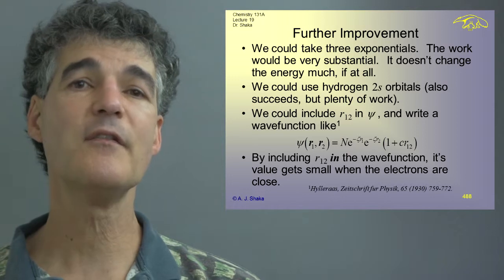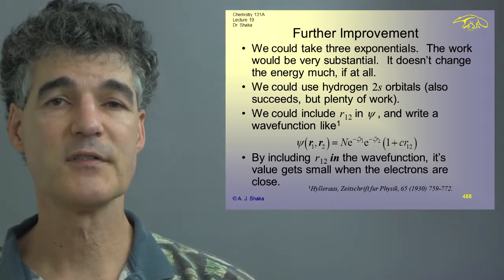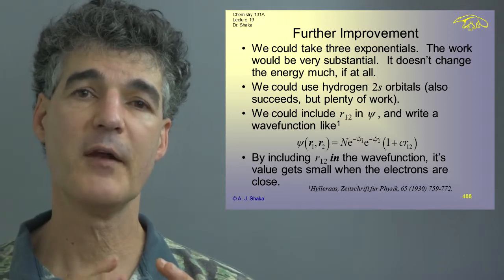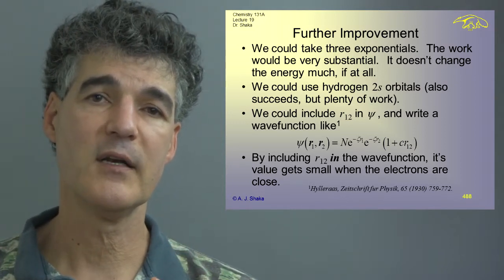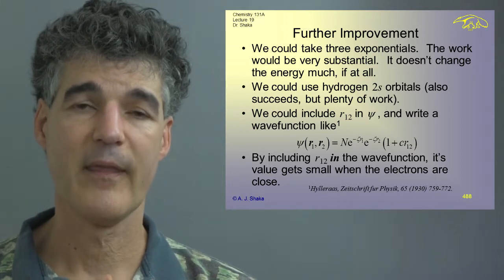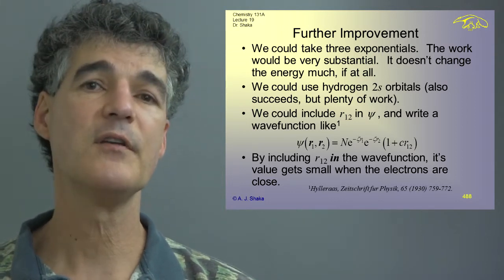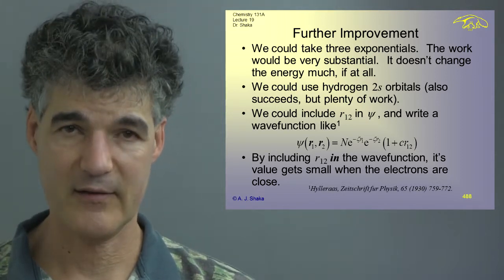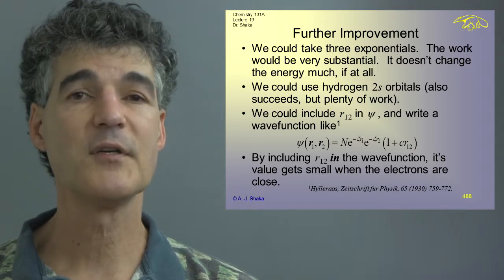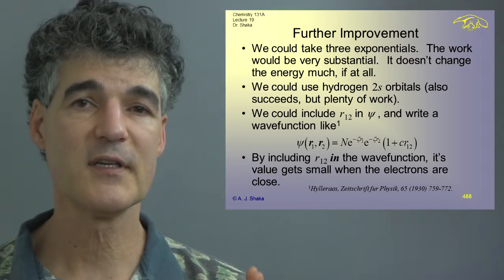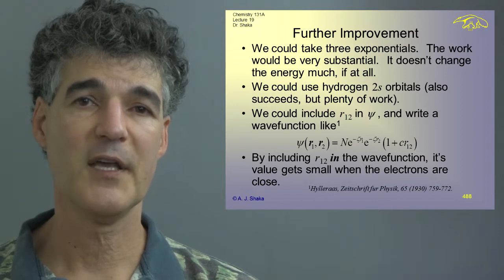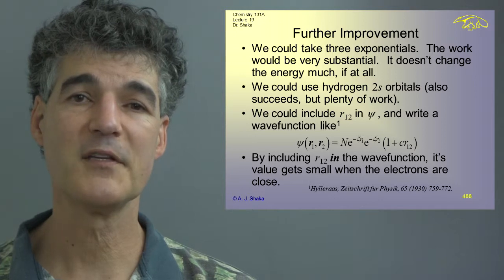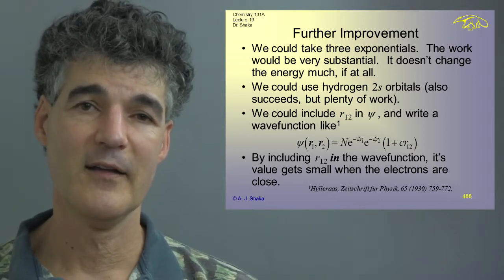We could, instead of using the 1s orbitals, where we made one stretched out and the other one not so stretched out, take a linear combination of 1s and 2s. We could do that. That could have some advantages when it comes to doing the single electron terms, because those are eigenfunctions of the single electron terms, and so we can just write down the energy there.